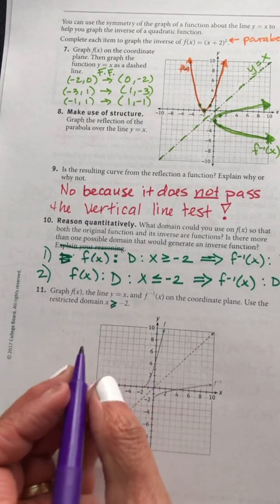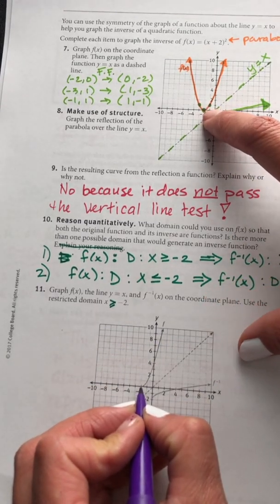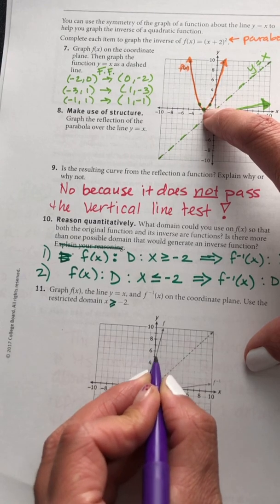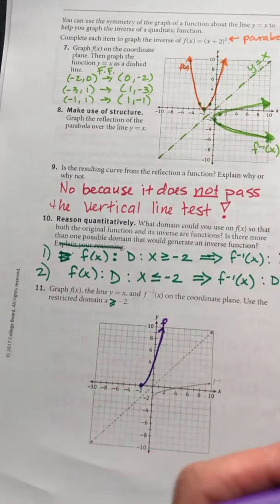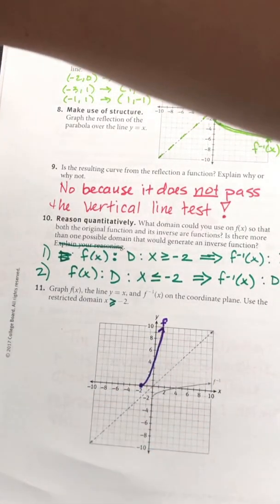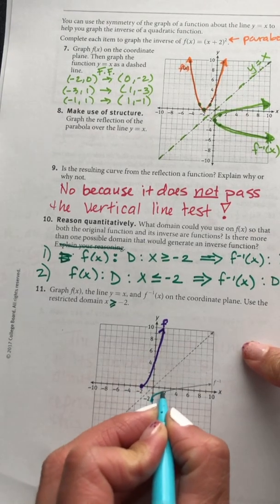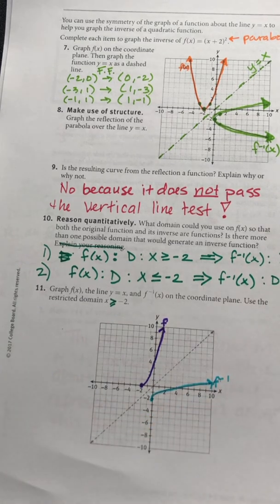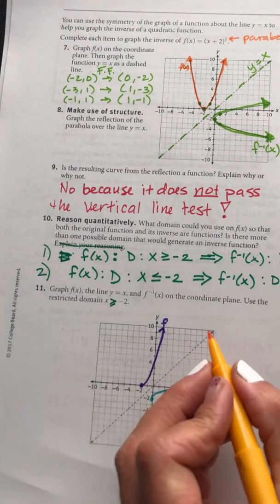So F is just the right side of that parabola is what they want. X greater than or equal to -2. So from here to the right, there's F. And then from here, we have F inverse. And then the diagonal.